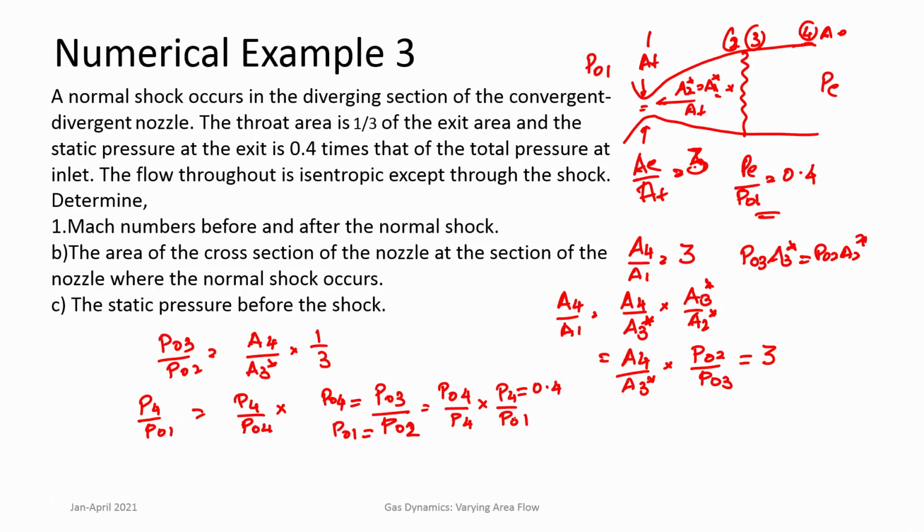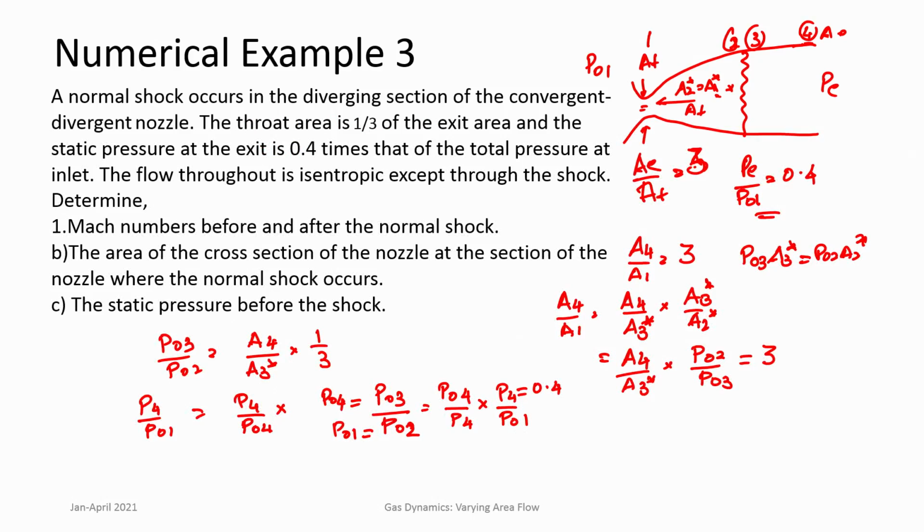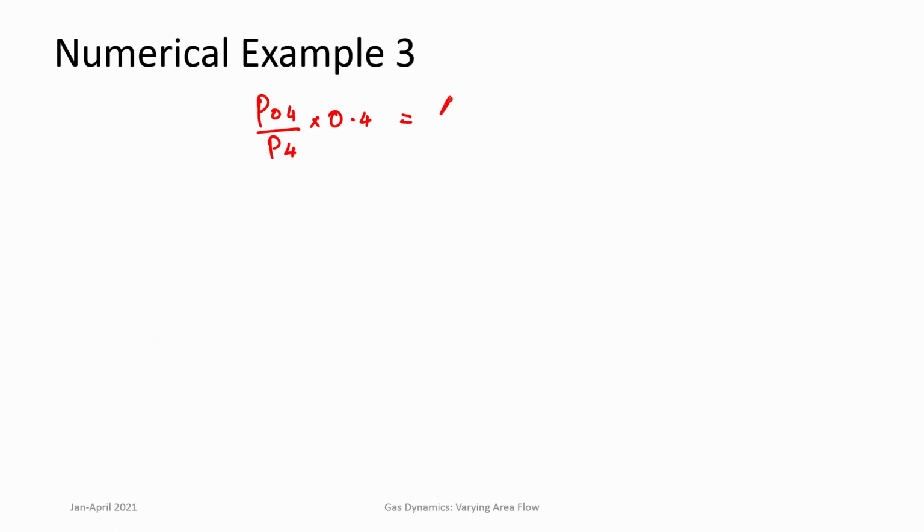Okay, so now we get an equation: P04 by P4 multiplied by 0.4 is equal to A4 by A3 star multiplied by 1 by 3. Now this can be expressed only in terms of Mach number M4.